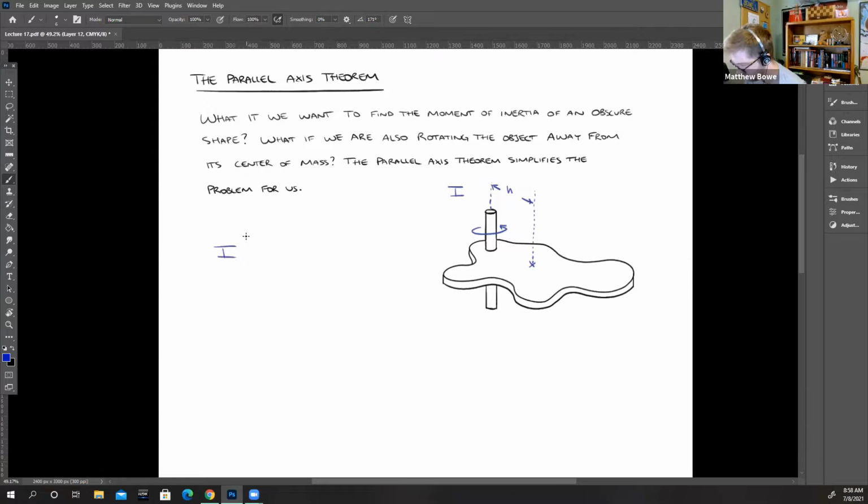It says that we have some obscure unknown moment of inertia, I. That'll be equal to the moment of inertia if it were rotating around the center of mass, plus the total mass of the object, mass m, times the distance it is away from the actual center of mass, squared.